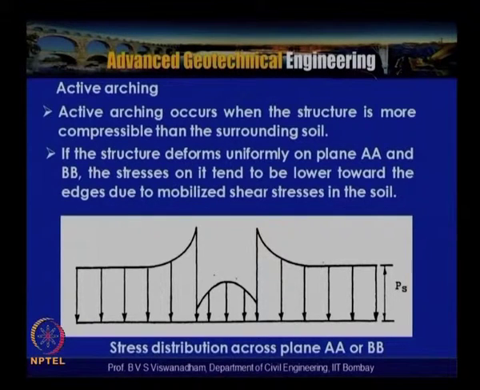So if the structure deforms uniformly on plane AA and plane BB, the stresses on it tend to be lower toward the edges due to mobilized shear stresses in the soil.